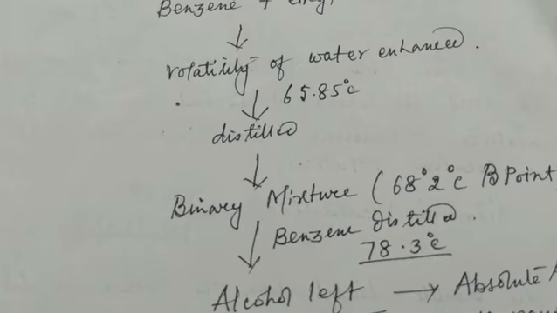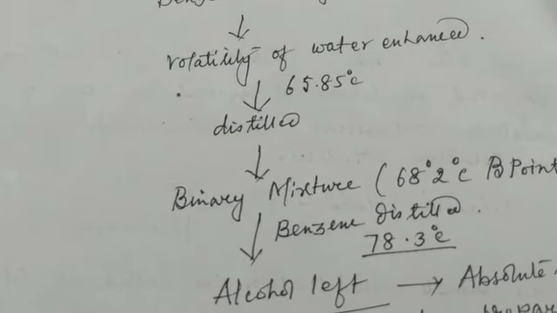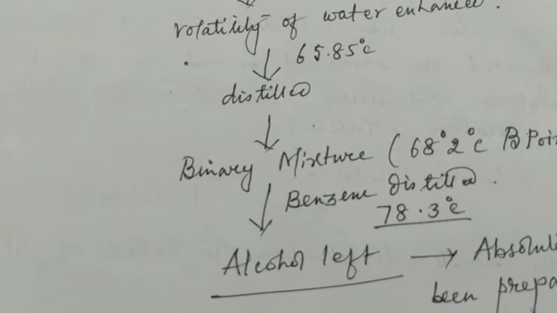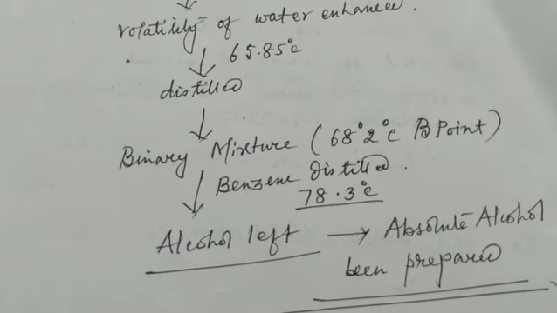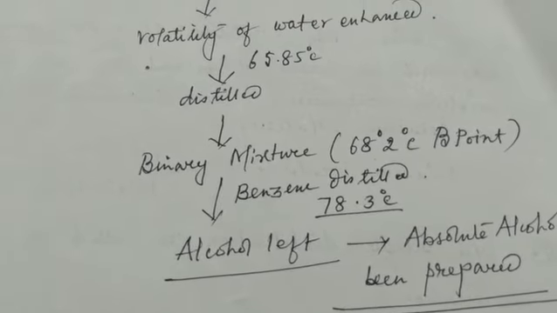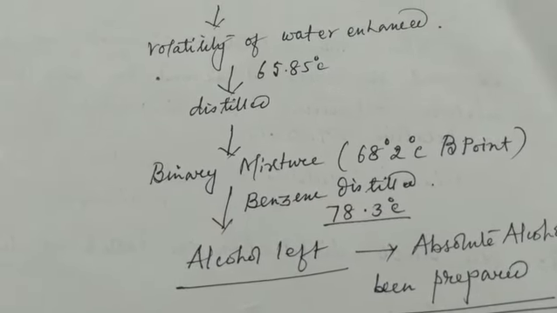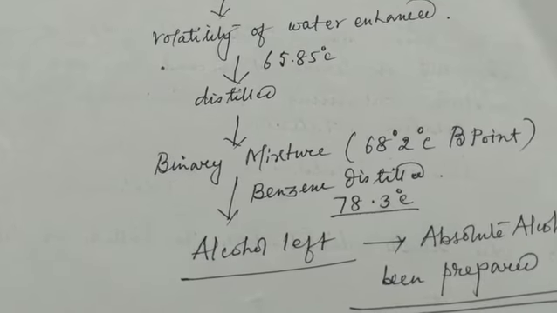So when you are heating, benzene is distilled at 78.3 degrees centigrade and alcohol is left. Like that, absolute alcohol is prepared from azeotropic mixtures. Okay.